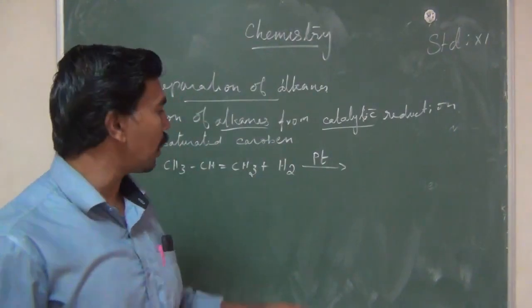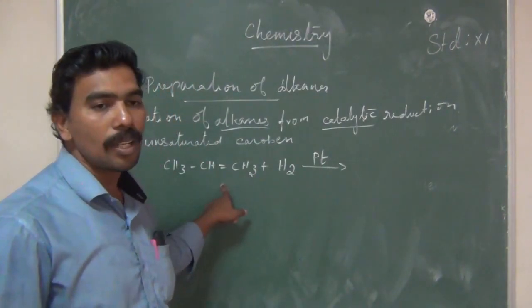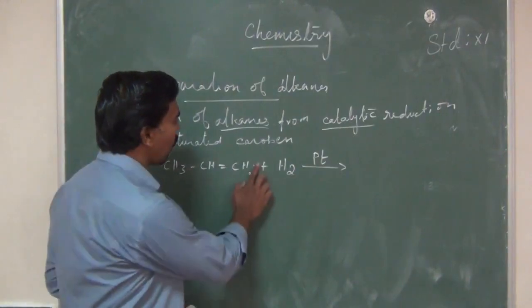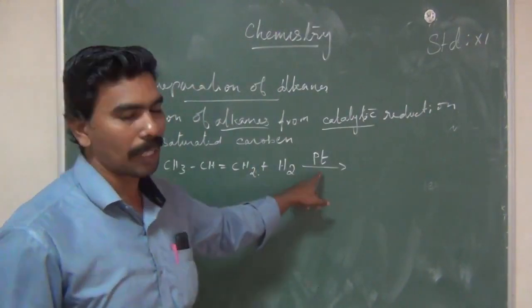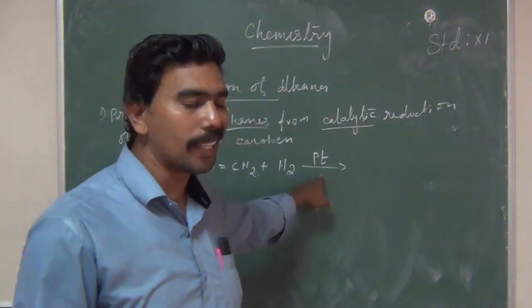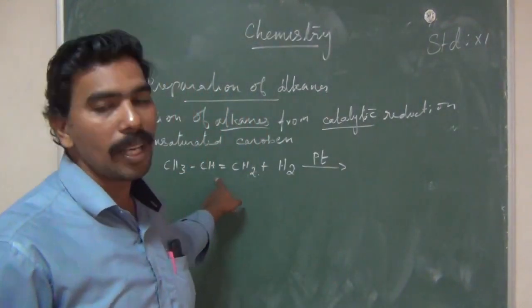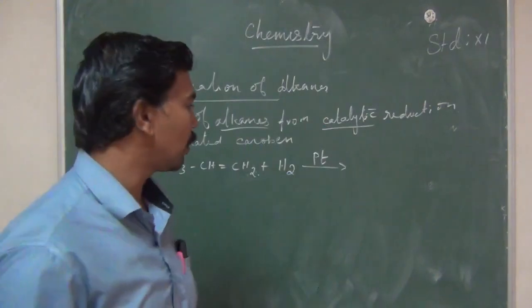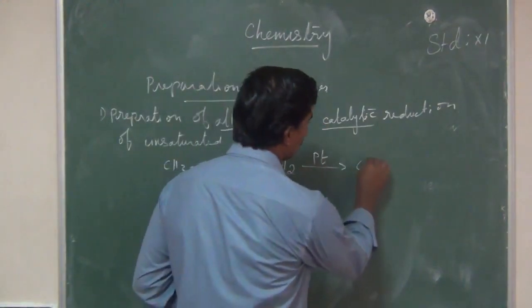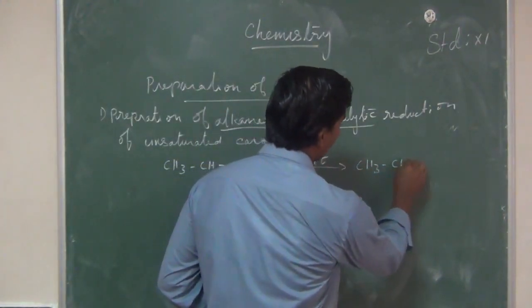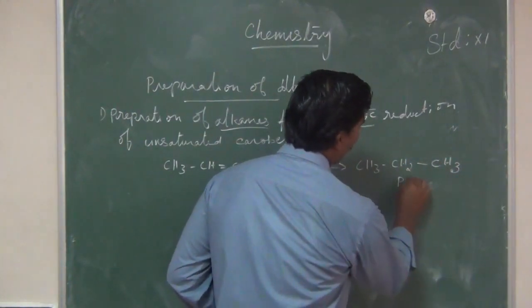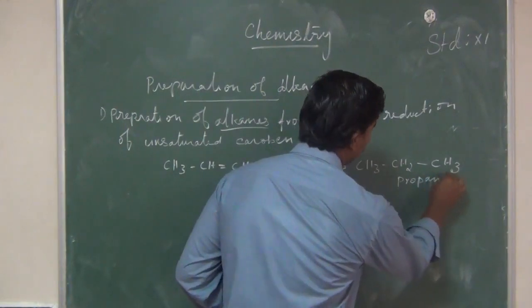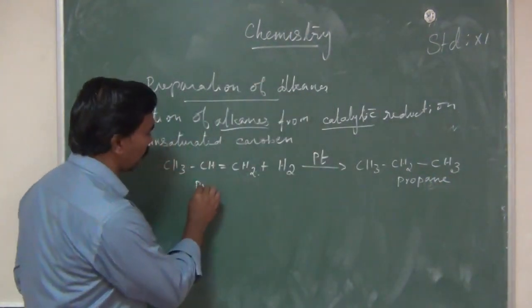Here the mixture of hydrogen and propene is passed over the platinum catalyst. When it is passed over the platinum catalyst, the propene will be converted to propane. So CH3-CH2-CH3. This is propane.